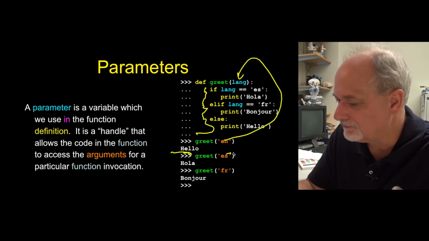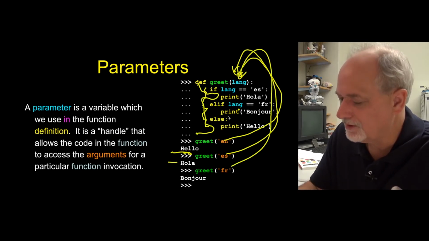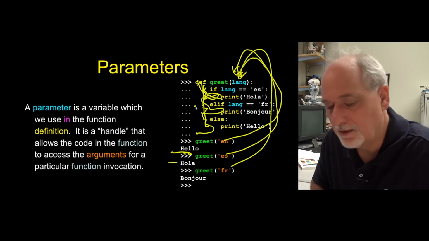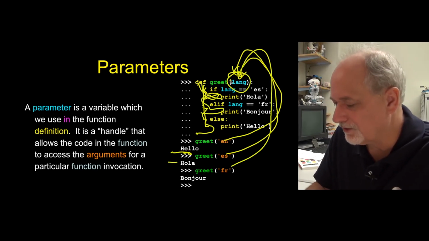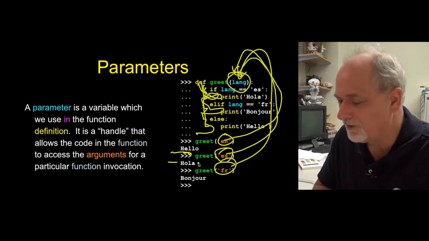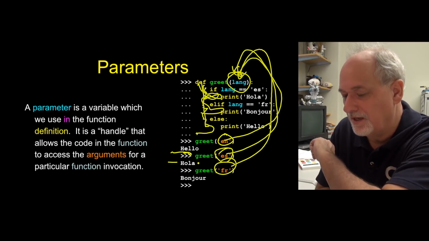And then we call it again, and this time es is lang, and so it runs this code and prints hola. And then next time it calls with this, and then it prints bonjour. You get the idea. So this is a placeholder so that on the successive calls or invocations of the function, we can get at whatever the programmer put in as that first parameter.